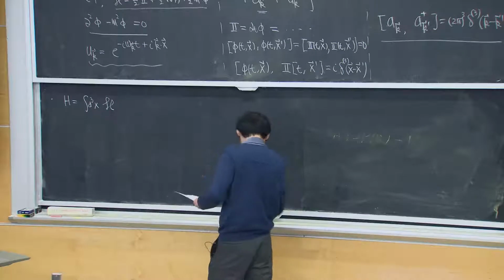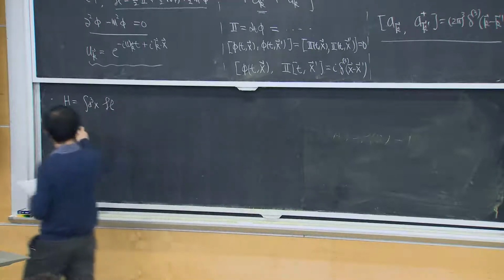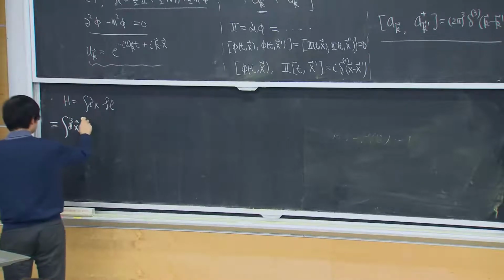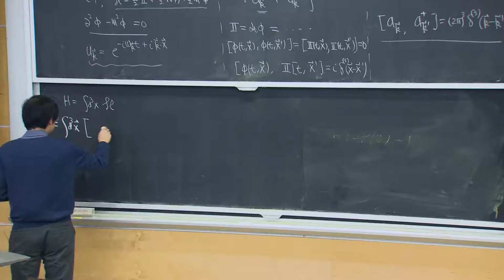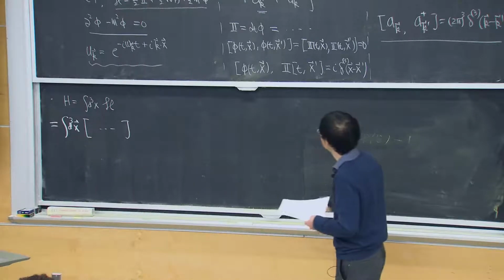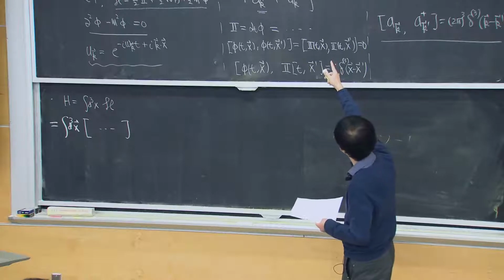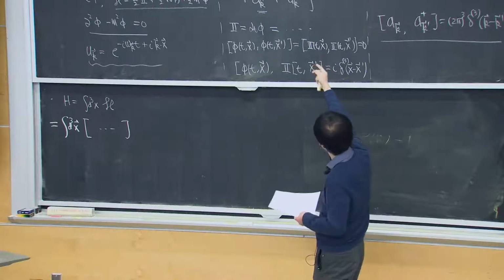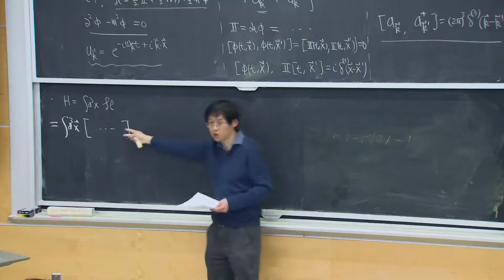And so you can just do it straightforwardly, just plug that expression in, the one we wrote above. And then you just plug in the expressions for the phi and the pi into that equation.